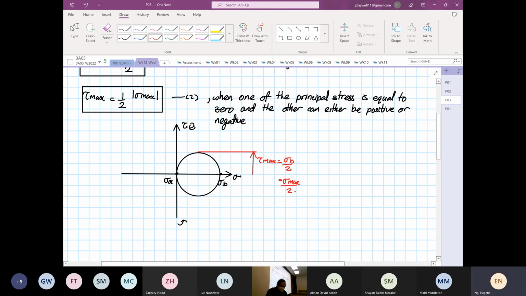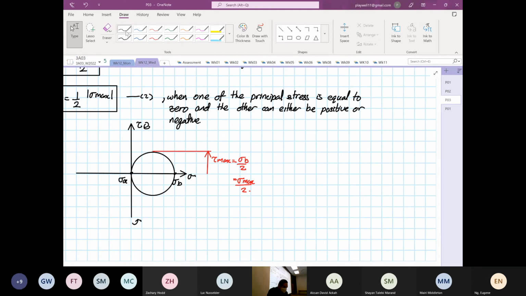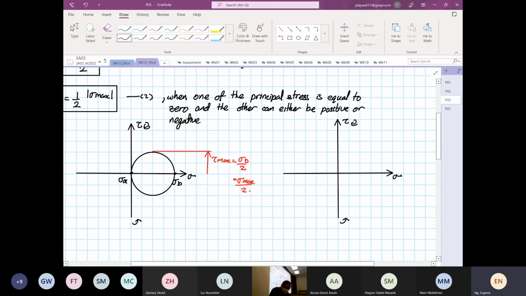Now, if it's negative, so I'll draw it negative now. Right. So this is our normal stress. This is our shear stress clockwise, anti-clockwise. Then we have our stress A at 0. Our stress B is at negative. So now we sketch the circle.